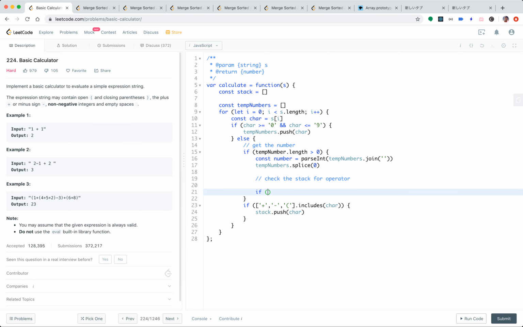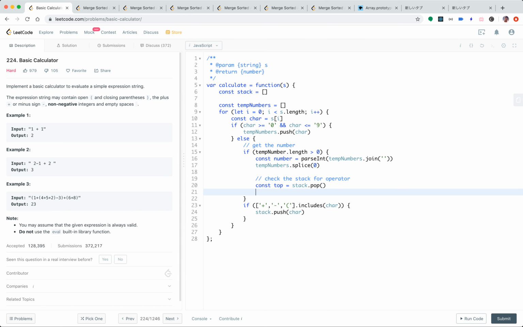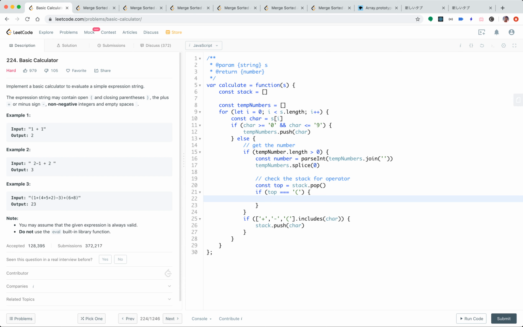If stack length, const top equals stack pop. It should not be another number, right? So if top equals parenthesis, we will just stack push the number.